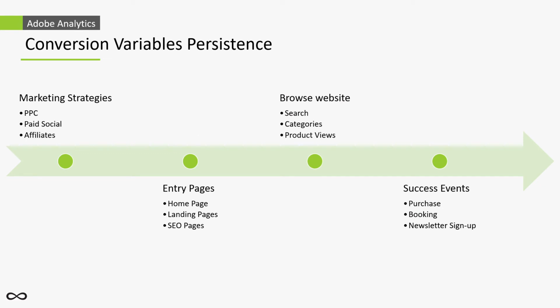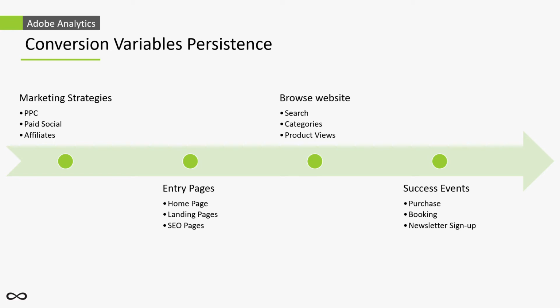Moving on with conversion variable persistence, what is the usual best standard that I follow within Adobe Analytics from a strategy perspective? Entry pages as an example, how the site map of the website is, and what the success events are that have to be called, both predefined as well as custom events.